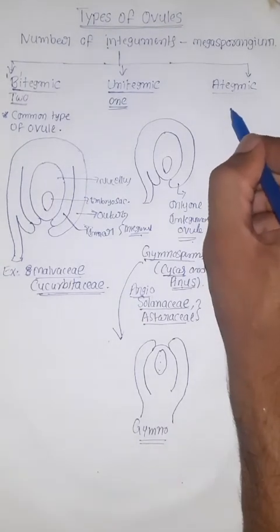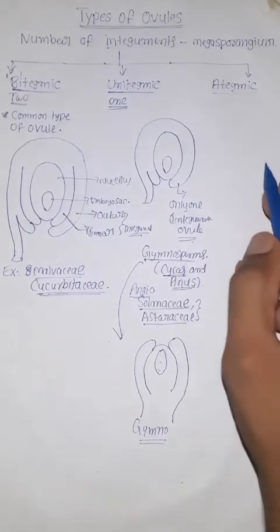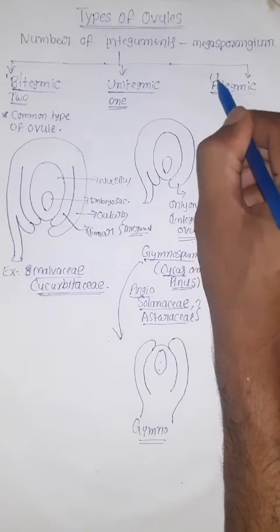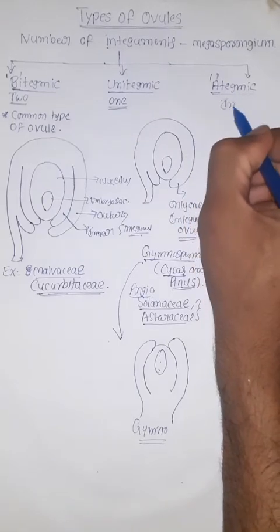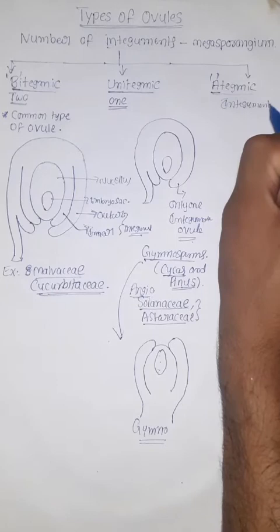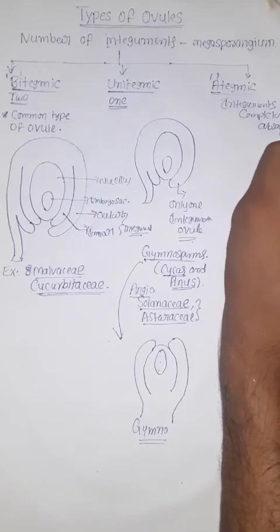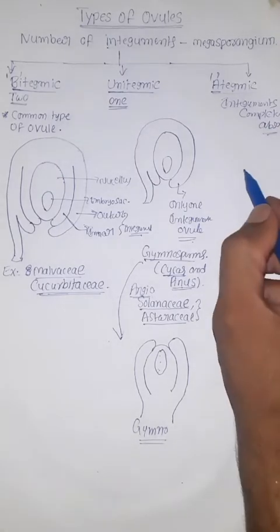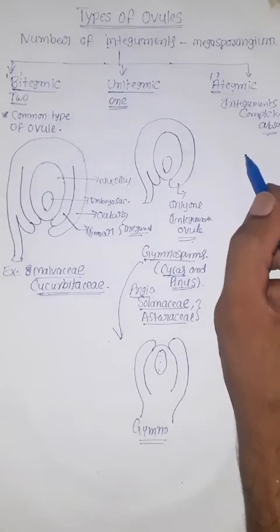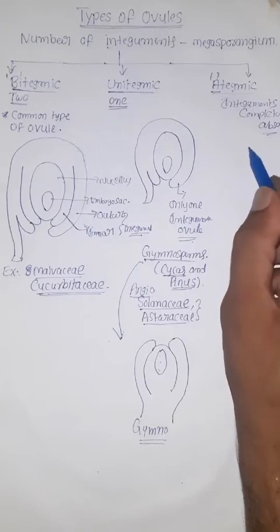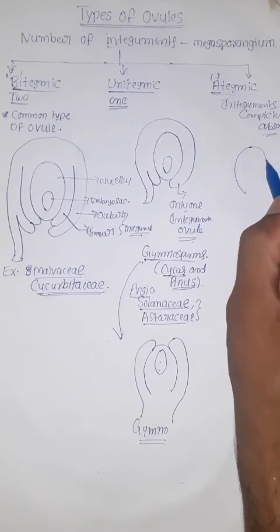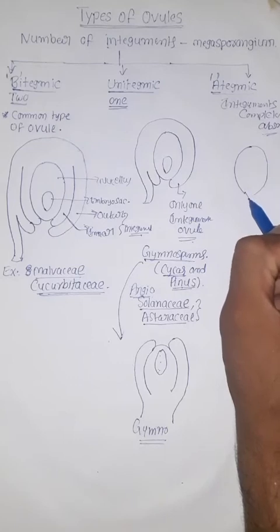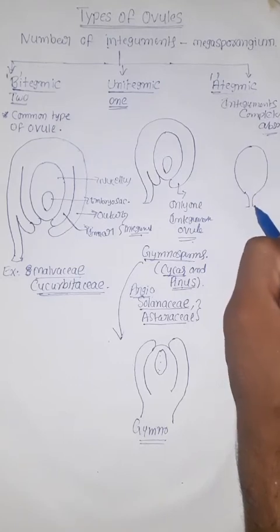Coming to the third type, that is ategmic ovules. Here, a means completely absent, means integuments are completely absent in this type. Means we can see the megasporangium or nucellus is directly exposed out, like this. This is nucellus or megasporangium. This is a funicle.